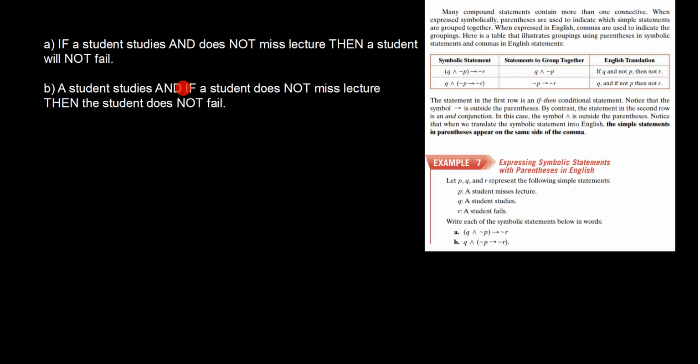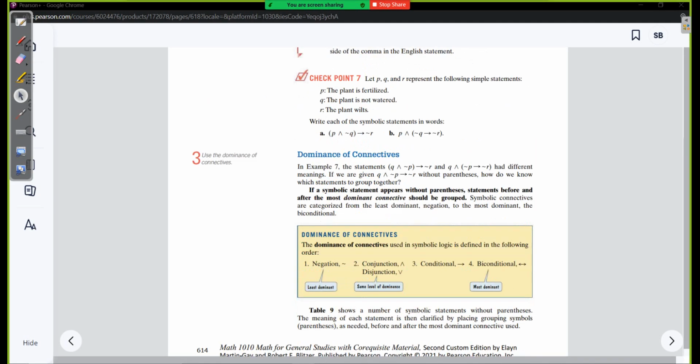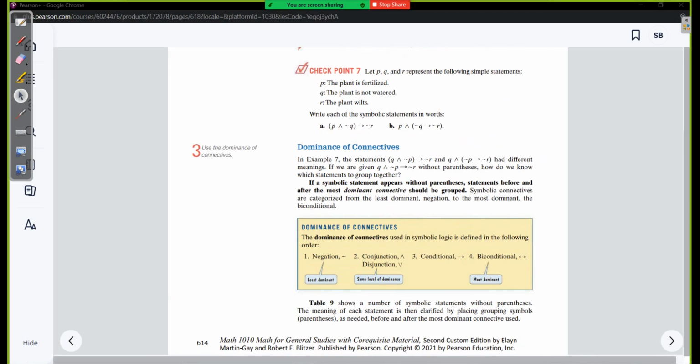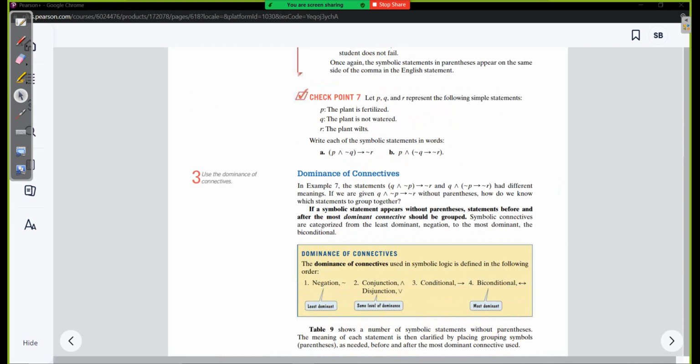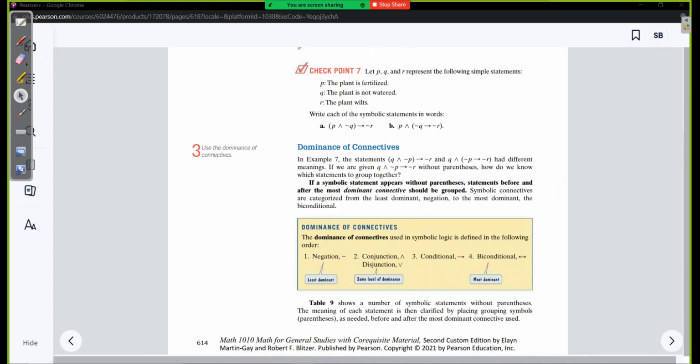So and if a student does not miss lecture, so not P, then a student does not fail, which is not R. So hopefully that was easy to follow along. Then we're going to get to the dominance of connectives. And I know this is a lot of stuff all at once, and I can't help you there. That's just the way it is.